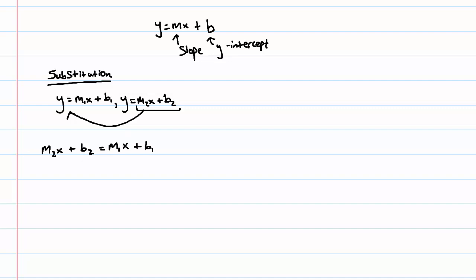We have two x's, but we want to get down to 1, so we should probably get all of the x's on one side. We can subtract the m1x on both sides, and we can subtract the b2 on both sides.